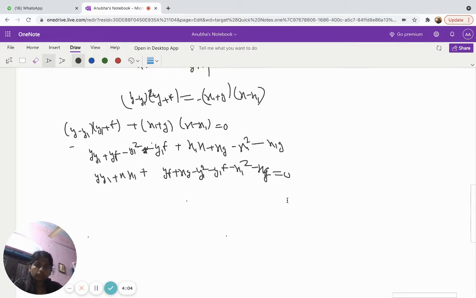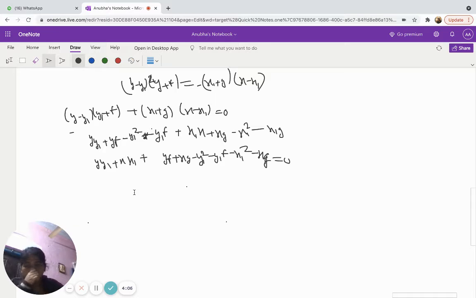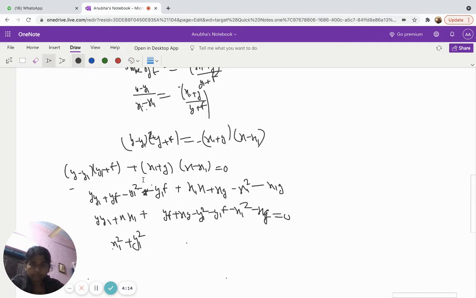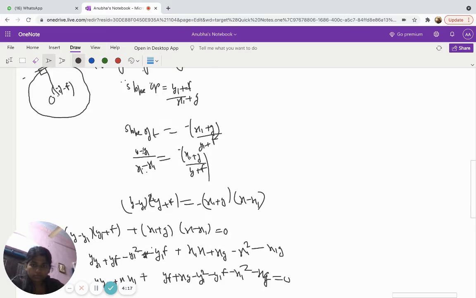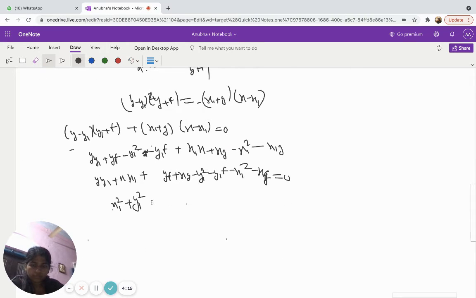Okay, and we already know that x1 comma y1 is a point of the circle, so it must satisfy the equation of the circle. So we put x1 comma y1 in the equation of the circle: x1 square plus y1 square plus 2g x1 plus 2f y1 plus c equal to 0.